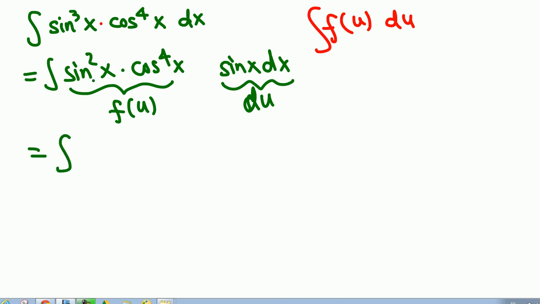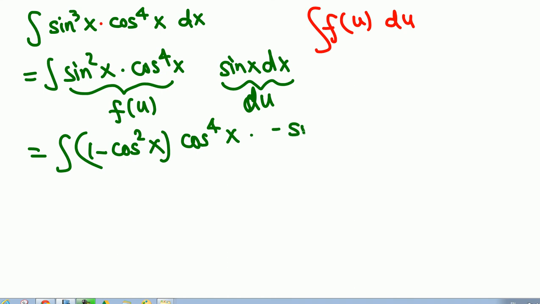Sine square is 1 minus cosine square x, and cosine fourth x, and derivative of cosine is negative sine. There is no negative, but we can always write negative sine x dx. This negative 1 is an additional factor, so let's multiply by negative 1 outside as well. Negative 1 times negative 1 is positive 1. Just to counter this negative 1, we are multiplying in the front.